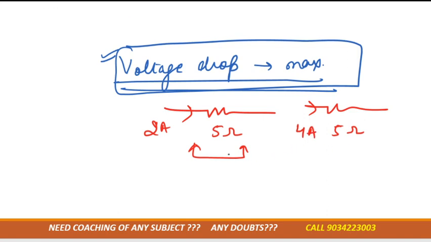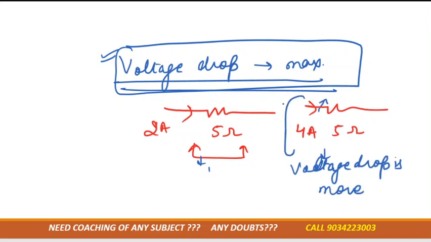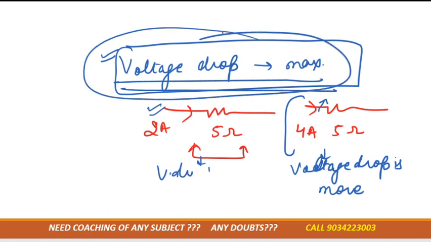In which case is the voltage consumed by the resistor more, the first one or the second one? Second one. So in which case is the voltage drop more? This is maybe the condition of resonance, because here the current is increasing, but here the current value is not so much, so the voltage drop is less. That's why I said that in the case of resonance, voltage drop is more.